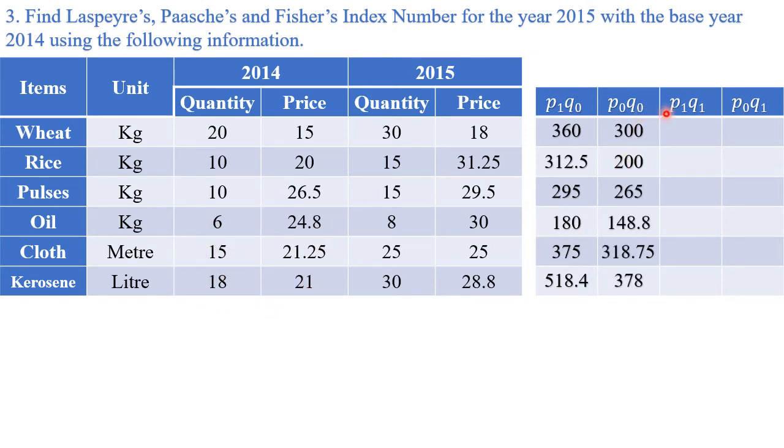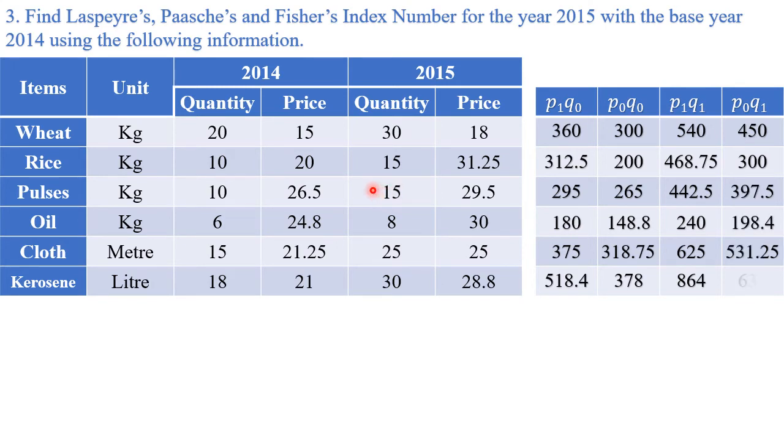Next, P1Q1, multiplying these two values. Similarly, we are getting the values here with multiplication, and then the last one, P0Q1, that is P0 and Q1. You can see that all the possible combinations are being done between these four things.